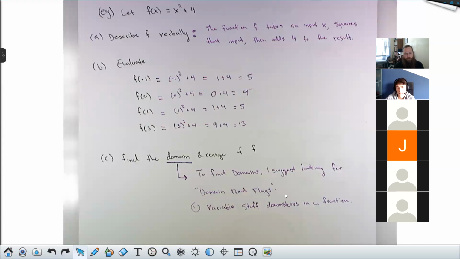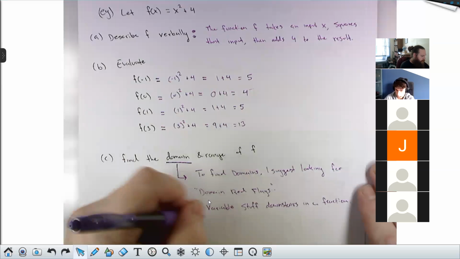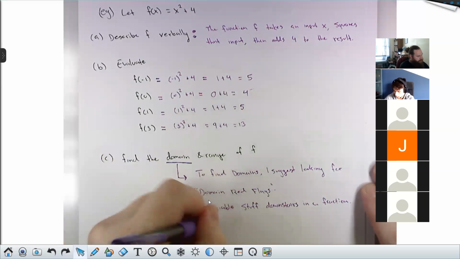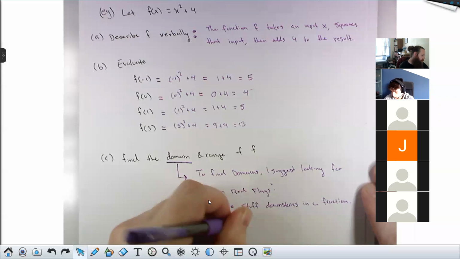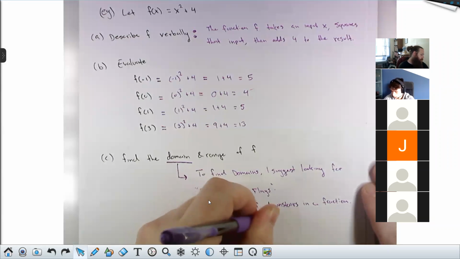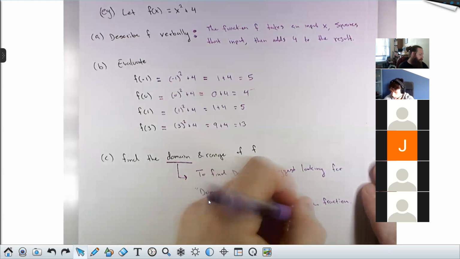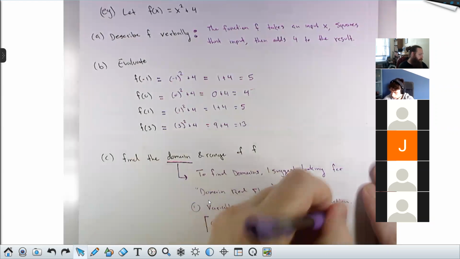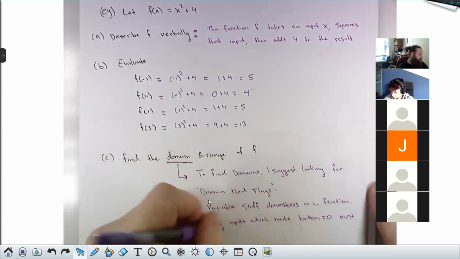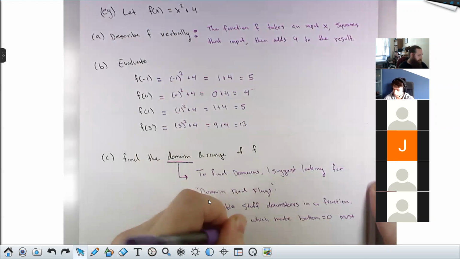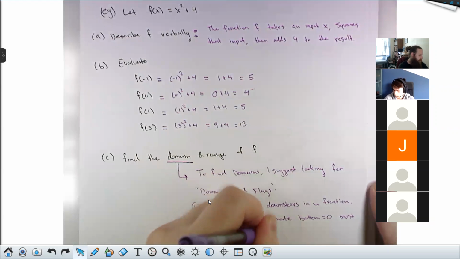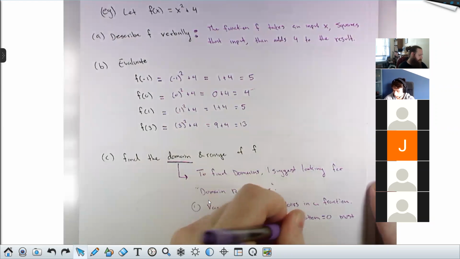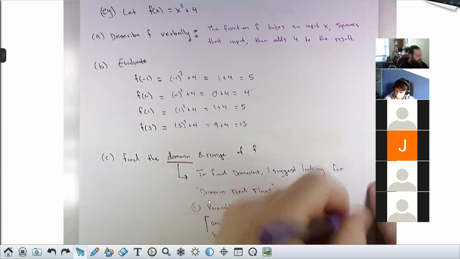So your first domain red flag is any variables downstairs in a fraction. The rule here: any inputs which make the bottom equal to 0 must be excluded from the domain. All right, that's the rule.